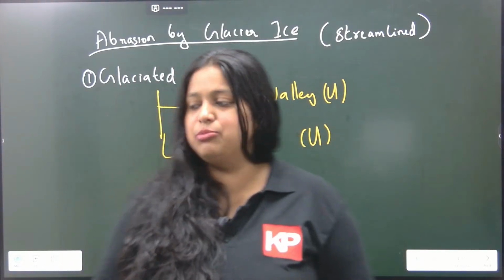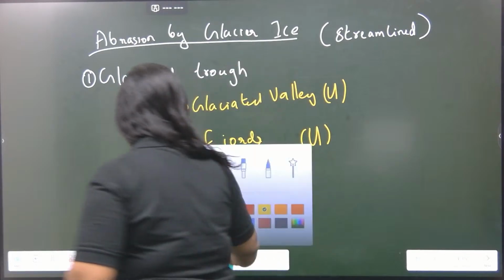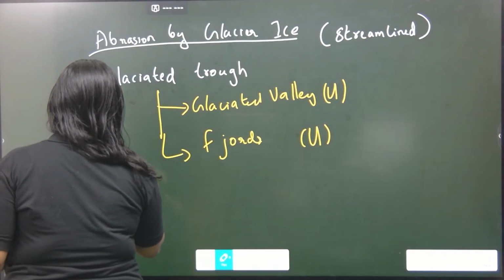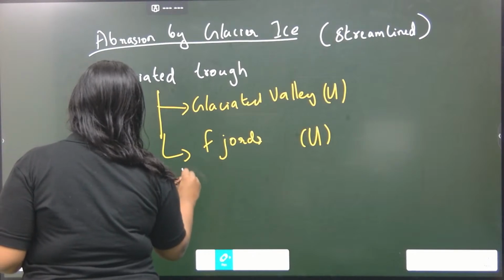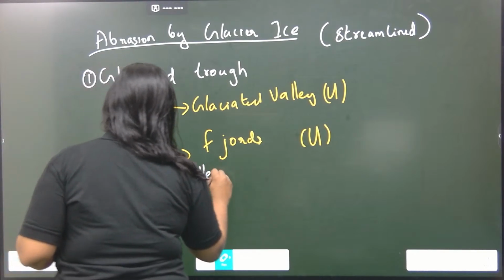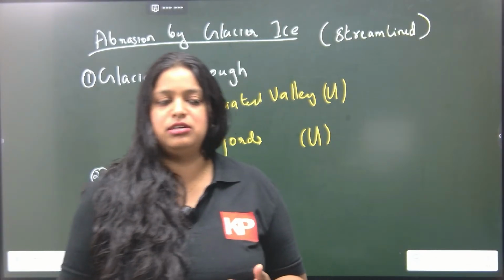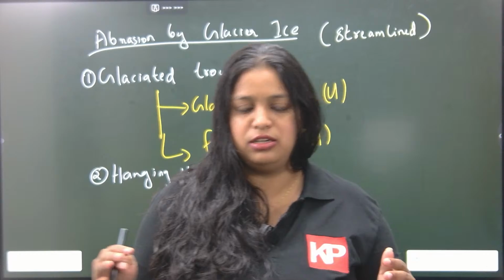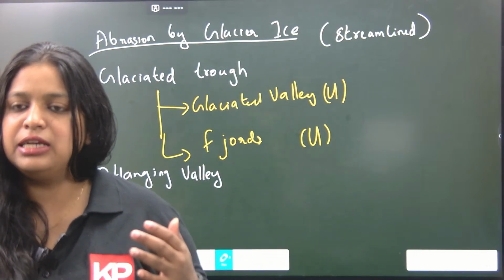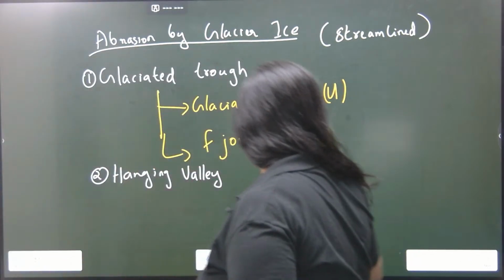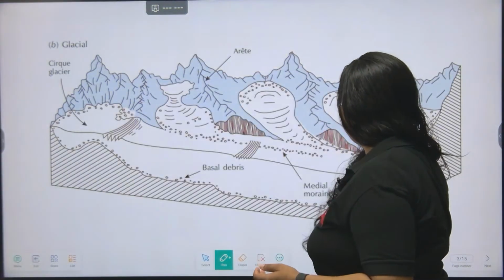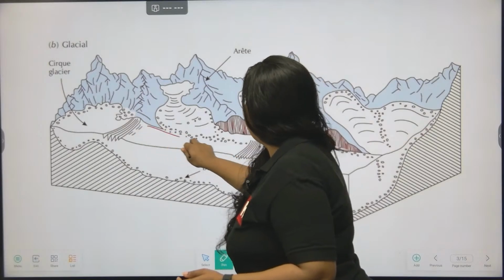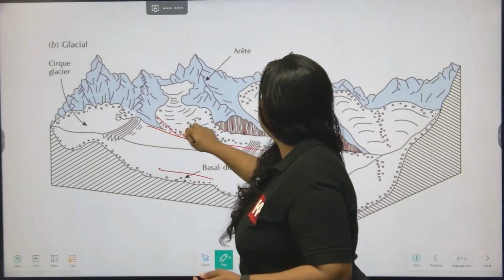Now the next terminology is hanging valley. Hanging valley is simple. I have a major trunk valley, and there are tributary valleys flowing into this major trunk valley. Over here you can see the major trunk valley and the small tributary valleys.